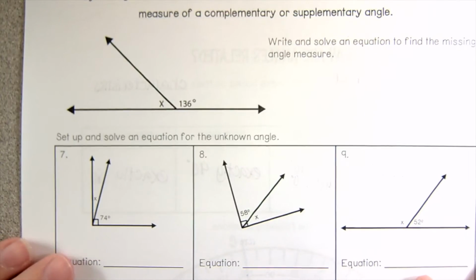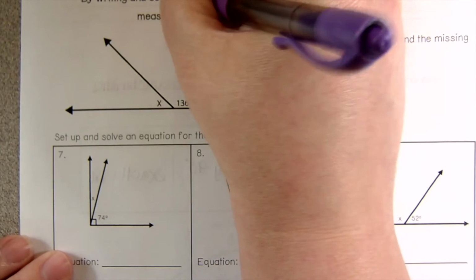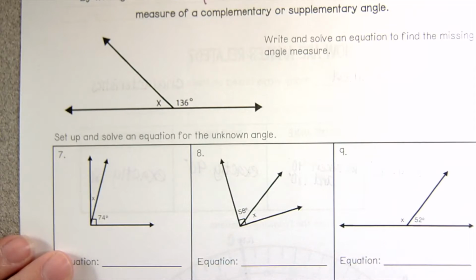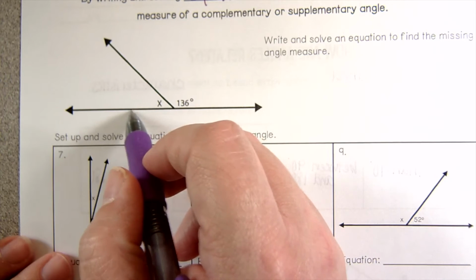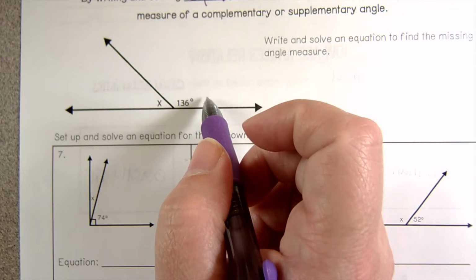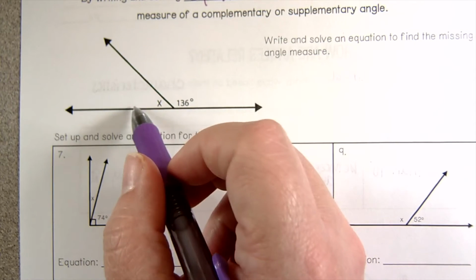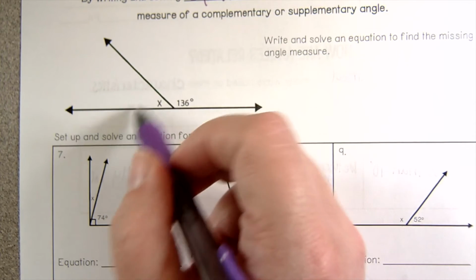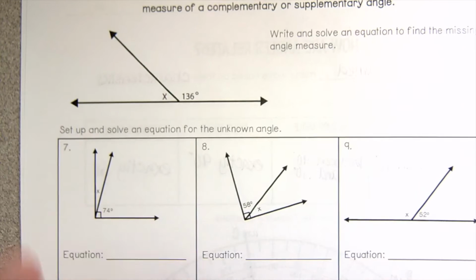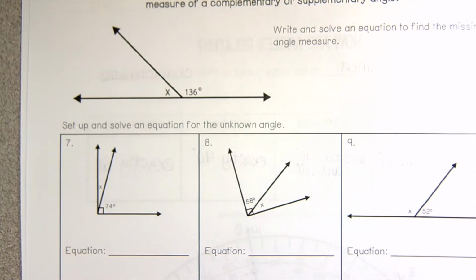By writing and solving equations, we can determine the missing angle measure of a complementary or supplementary angle. So, is this going to be a complementary or a supplementary angle? What kind of angle is this? It's a straight angle, so it adds up to how many degrees? So that is supplementary.